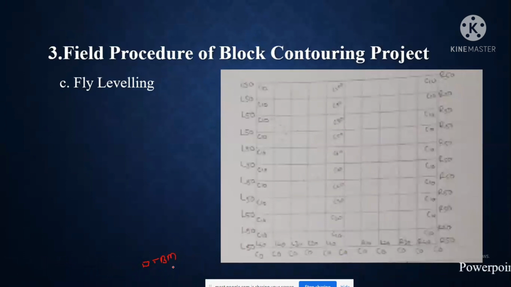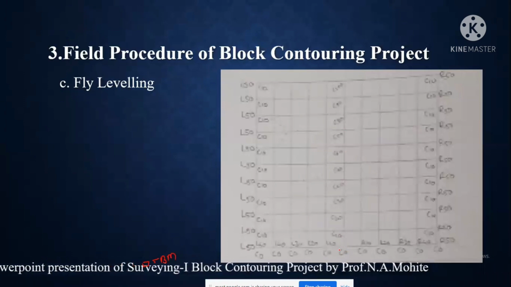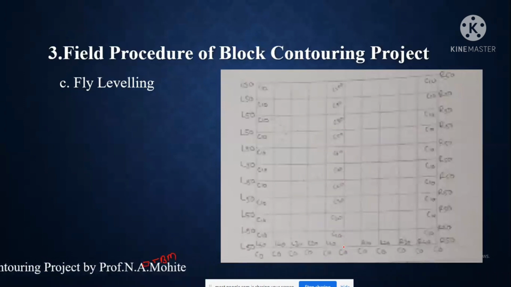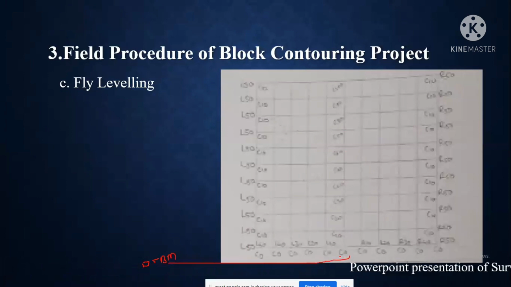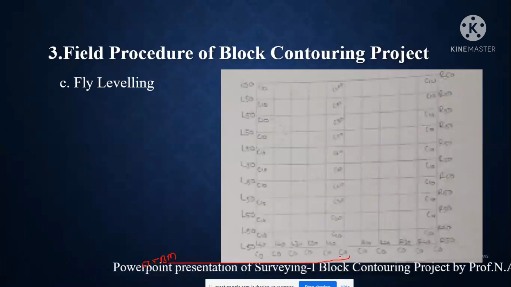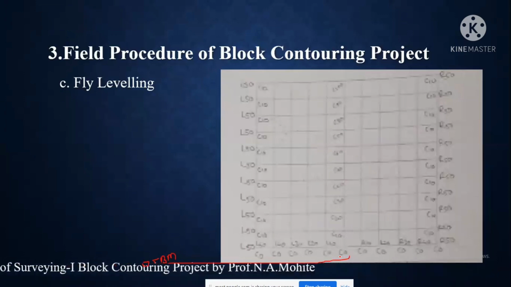So the instrument will be set up, all the temporary adjustments will be conducted, and suppose this is your C0, that is the starting point of the project. From this temporary benchmark up to C0, the fly levelling will be conducted, in which only the backsight and foresight readings will be taken.